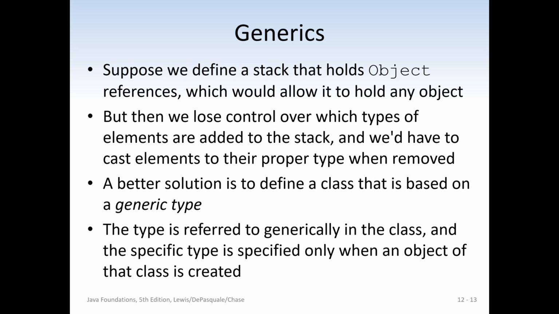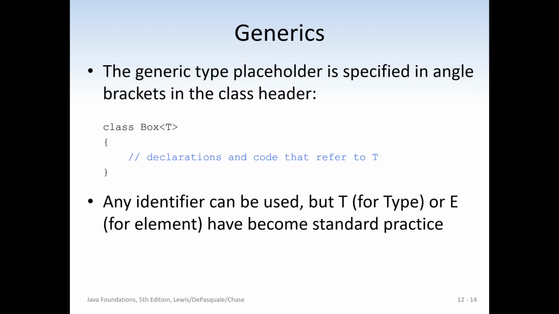So a better solution for this is to define a class that's based on a generic type. So the type is referred to generically in the class, and the specific type is only specified when an object of that class is created. The generic type placeholder is specified in angle brackets in the class header. So we have this class Box, and then we have this type T that's unspecified that we're going to use.